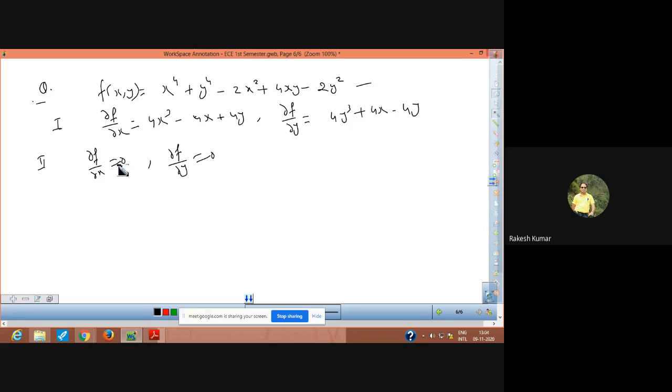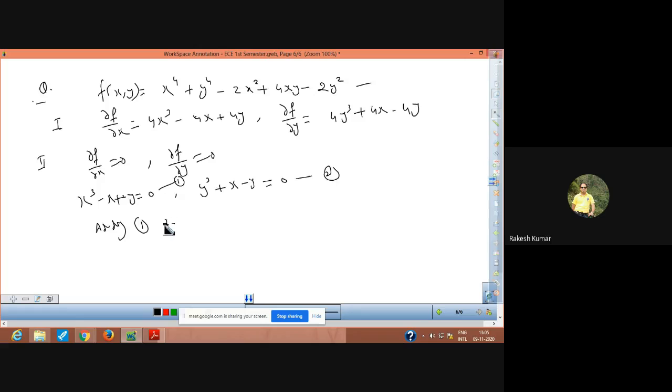And you will get that x cube minus x plus y is equal to 0. 4 is cancelled throughout. And similarly, we have y cube plus x minus y is equal to 0. You can add these two equations, name it as equation number 1 and equation number 2.